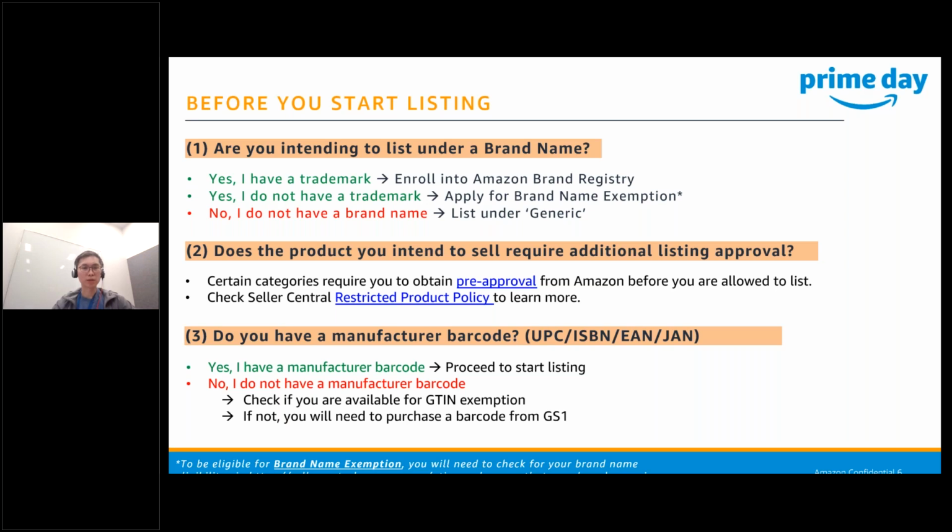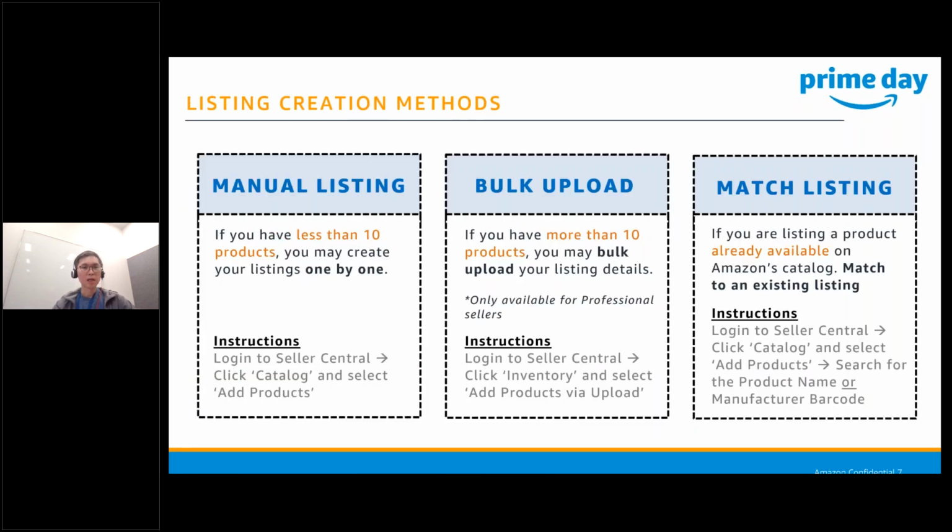JAN is the Japanese Article Numbering, the Japanese version, and of course ISBN is the International Standard Book Number. You can easily find online what these codes are used for with different types of products.